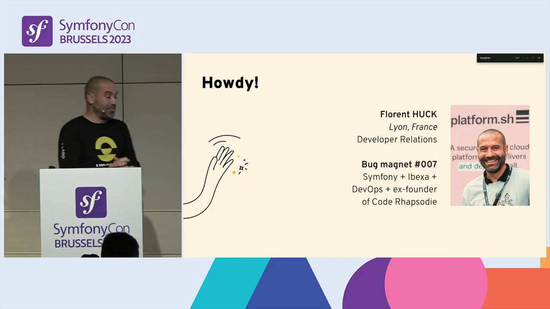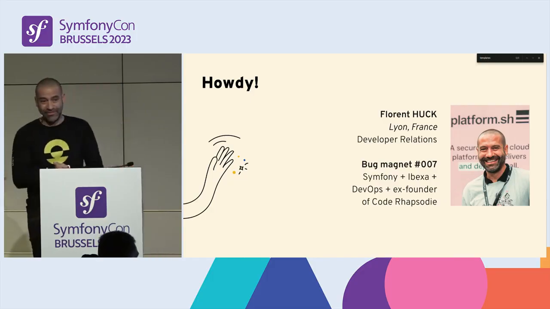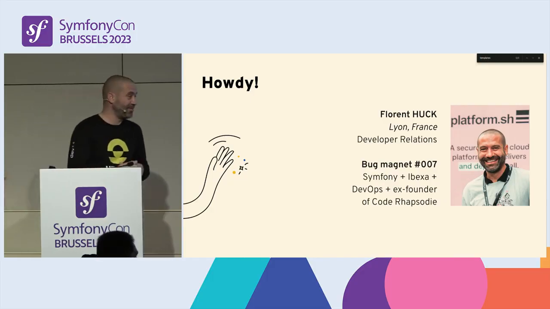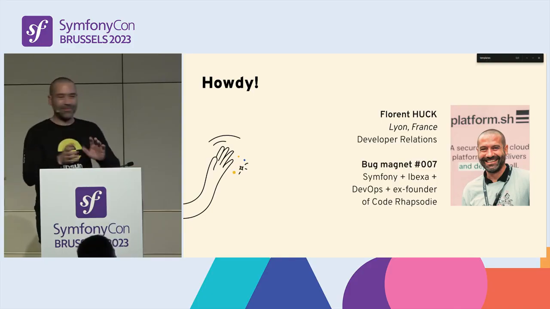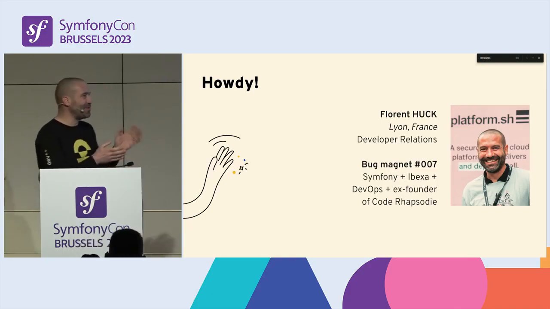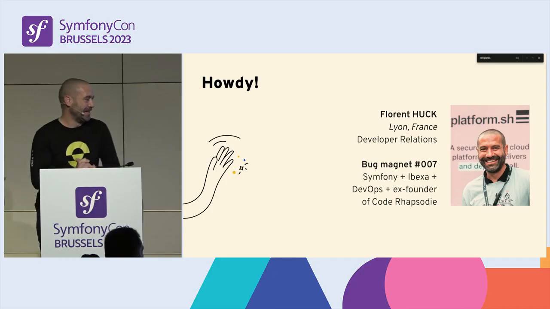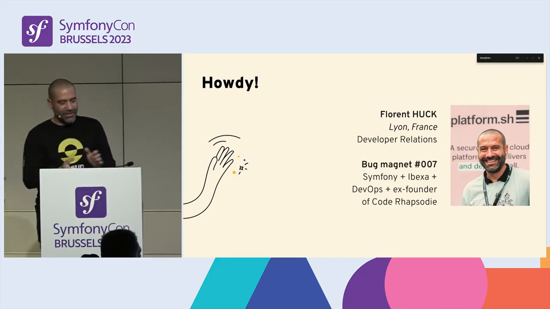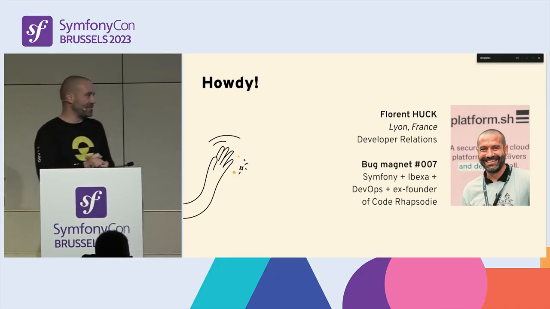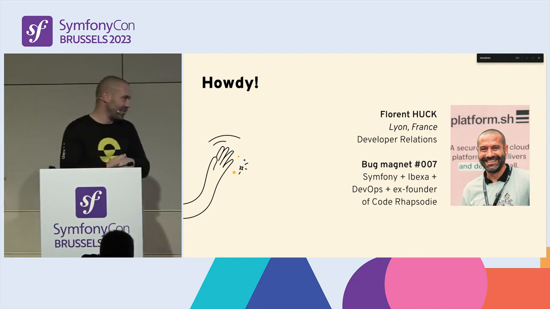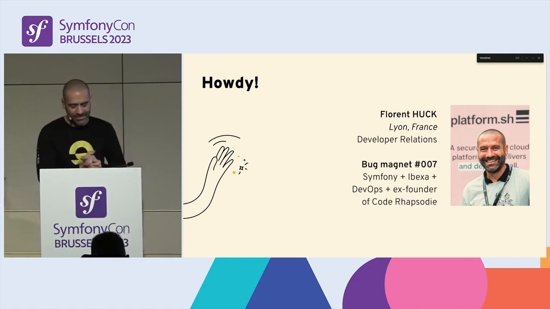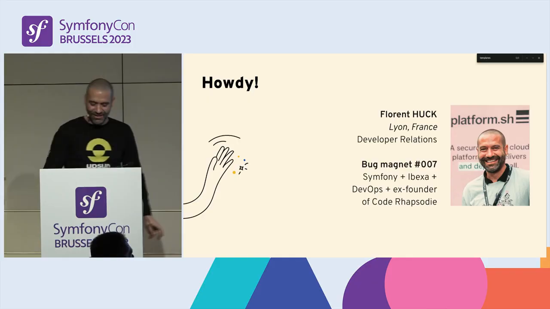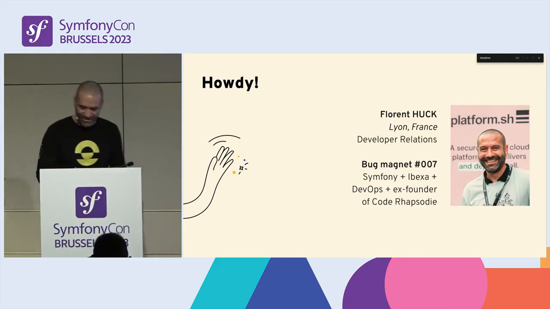In the team, we are some bug magnets, so I'm number 7 because I have the license to bug. I probably create 2 or 3 bugs a week. Before joining Platform.sh 2 years ago, I was a Symfony and Ibexa developer with some DevOps skills, and I created Code Rhapsody with one of my friends, Jérôme Vieildan.